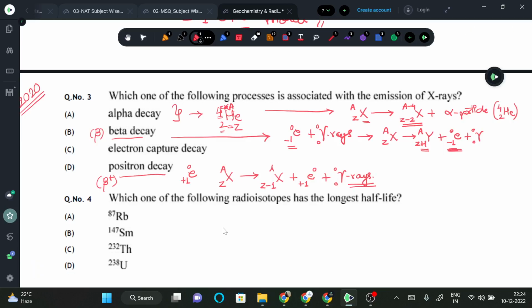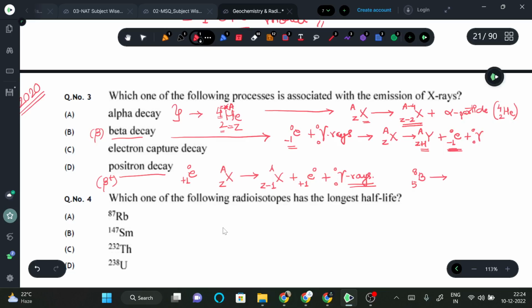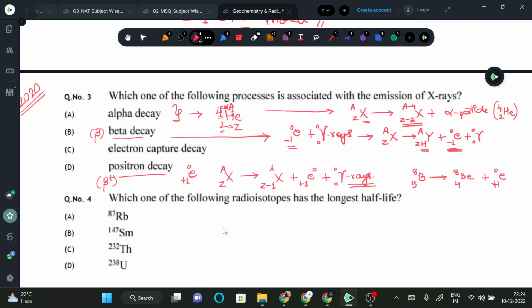And also, if I take an example, let's say there is boron. Boron is undergoing positron decay, let's say. So it will turn into beryllium. Okay. Are you getting this point? The atomic number will decrease by 1.